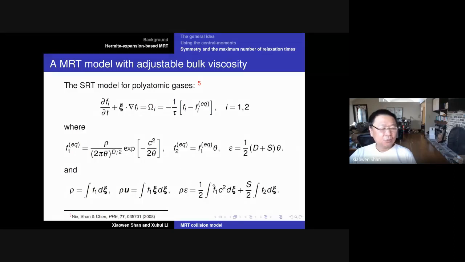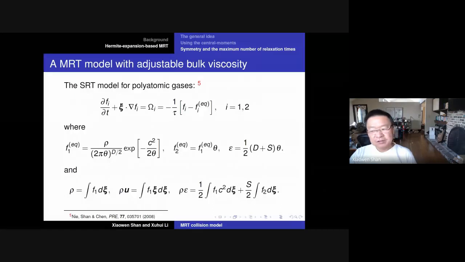It has 2 parts: one is from F1, the other is from F2. In this paper, we show that this system gives you the variable ratio of heat capacity. And basically, you have the model for a polyatomic gas.